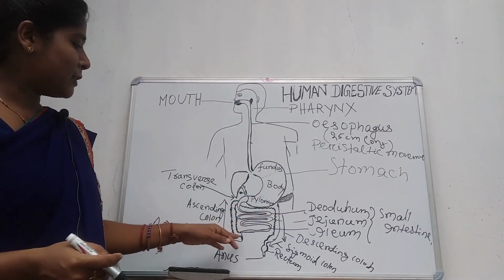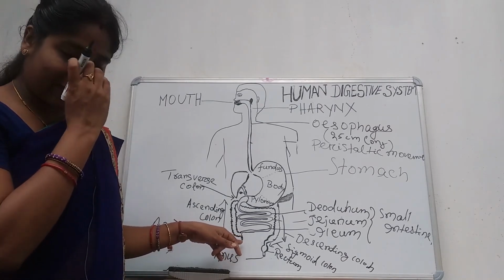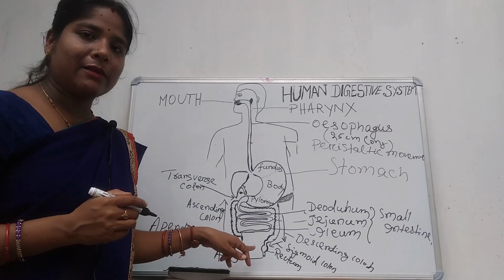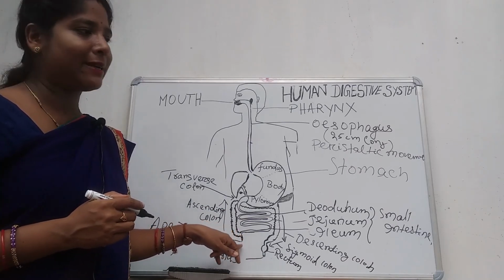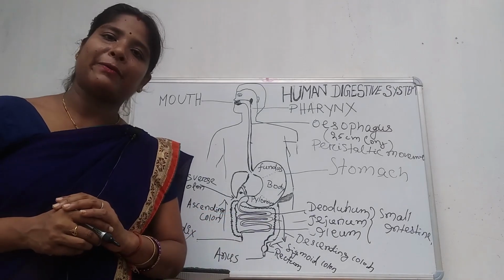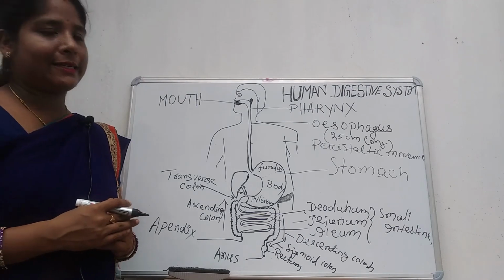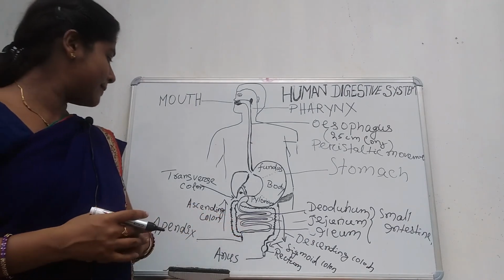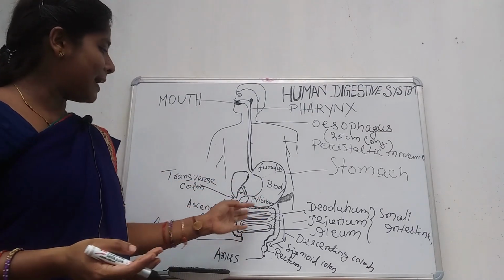Next, the appendix, which is present at the joining of the small intestine and large intestine: when inflammation occurs in this part, the condition is called appendicitis. This is called the vermiform appendix.